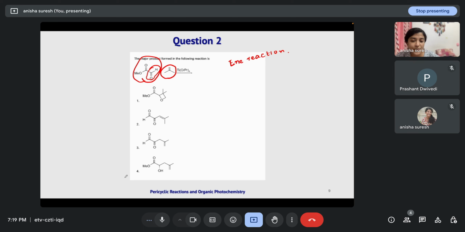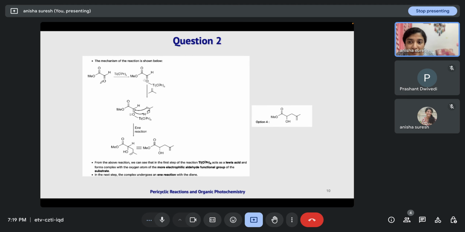Fourth. Option 4 is the right answer. Now let us see how the mechanism is taking place. So here this is the enophile component and titanium isopropoxide is acting as a Lewis acid. It will coordinate with this electron deficient aldehyde, so it will make the aldehyde more electrophilic. Now what will happen?